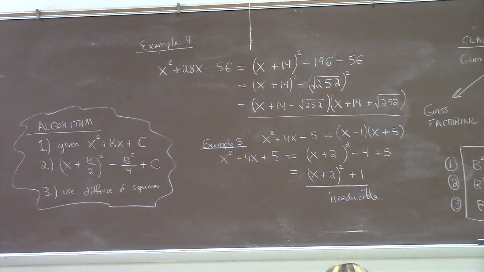You guys tell me, x plus what? You take half of it: plus 13. I square that. 13 squared is 169. So I have to subtract 169. This plus 1 is still there, which is negative 168.